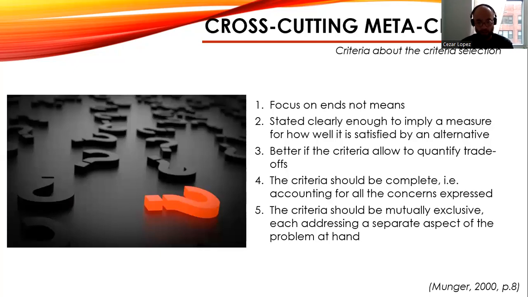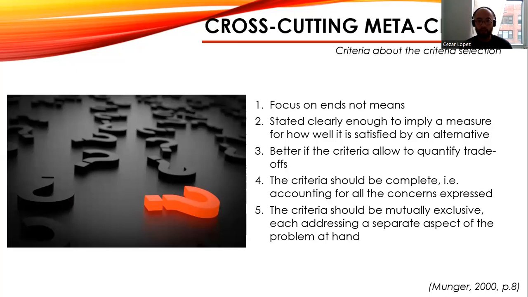Cross-cutting meta criteria. When deciding which evaluative criteria to use, the Munger reading suggests: one, focus on ends, not means. Two, state them clearly enough to apply a measure of how well each is satisfied by an alternative.